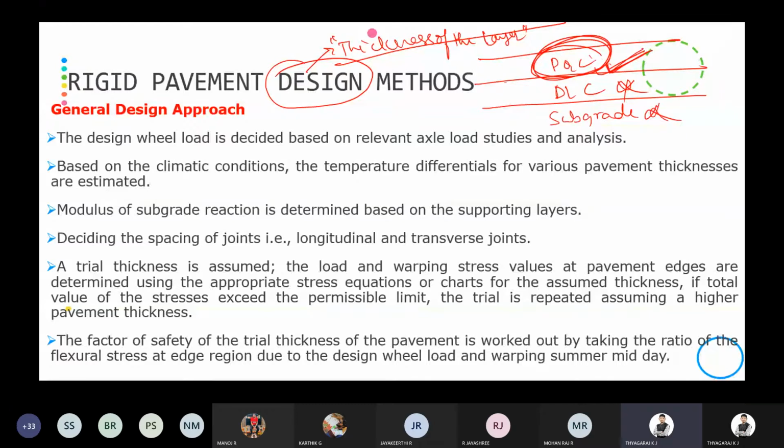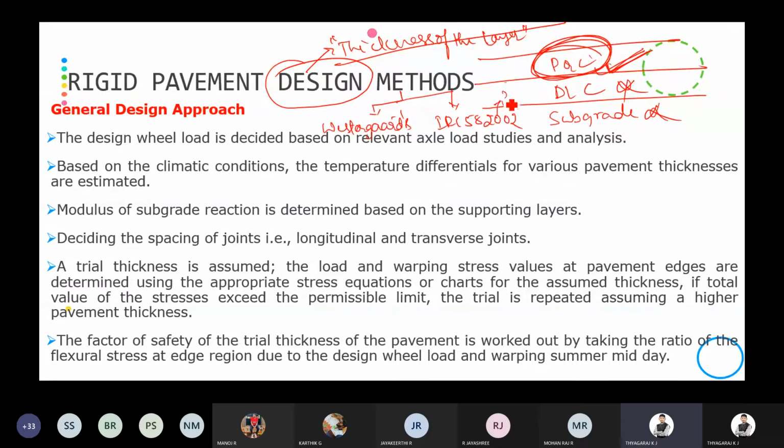I told you there are two methods. One is the Westergaard stress equation method, and the other is IRC 58-2002.